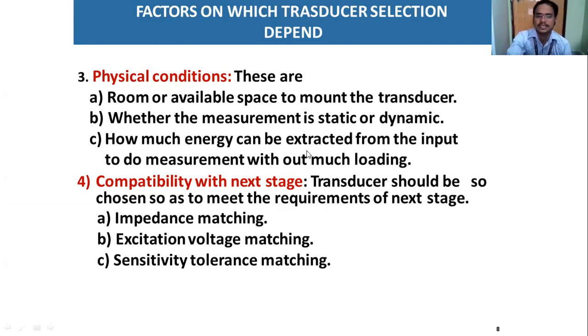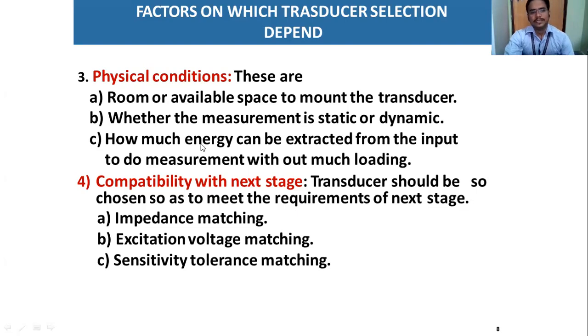Next, the energy depending on the loading condition. The third point here is depending on the loadings. Loading means the amount of energy that is consumed by a transducer while converting an input signal from one form into the other form.